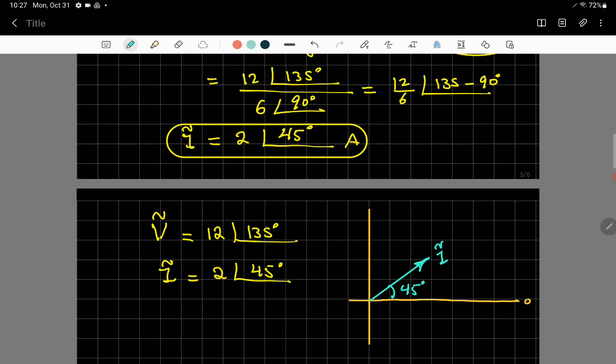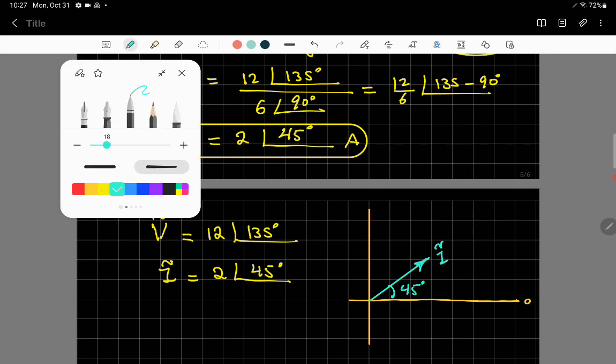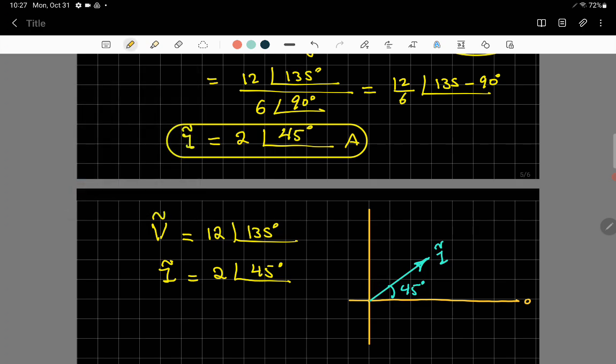And the voltage is 12 at angle 135, so that will be, choosing a different color, that's 135, and that will be the voltage.